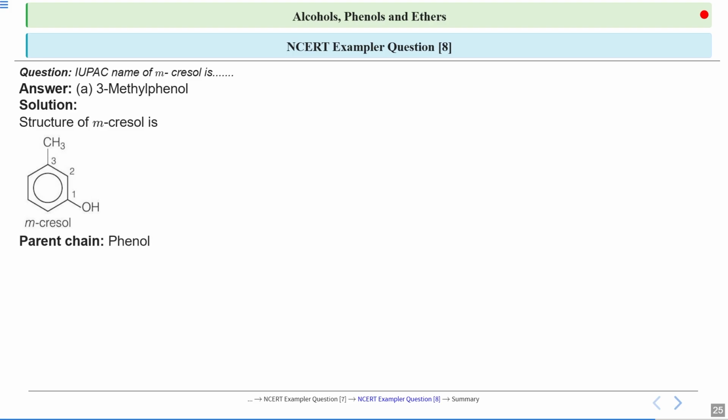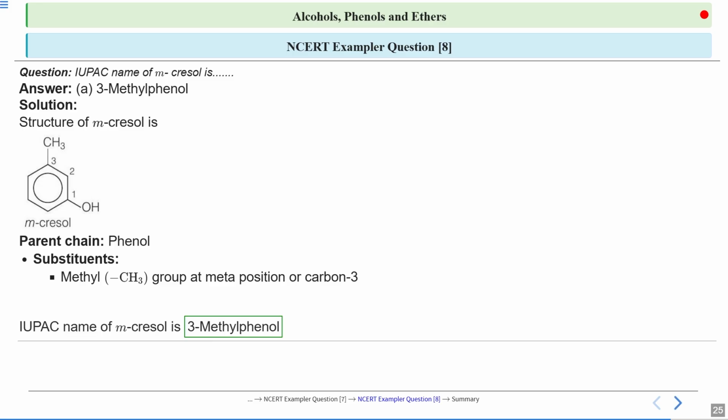If you write the IUPAC name, you have to tell about the parent chain, which is phenol, and the substituent, which is the methyl group, CH3, present at the meta position of benzene, or the third carbon. So the IUPAC name of metacresol is 3-methylphenol.